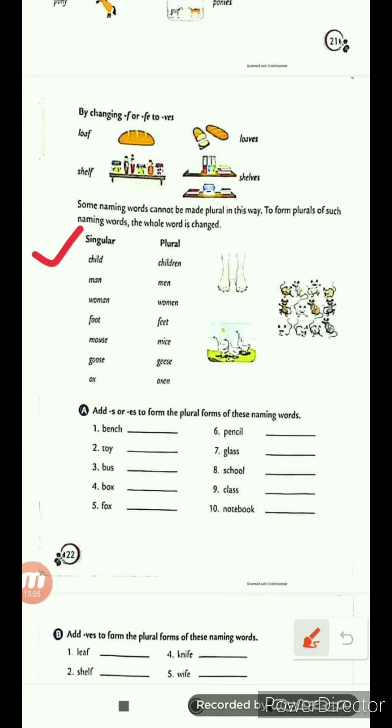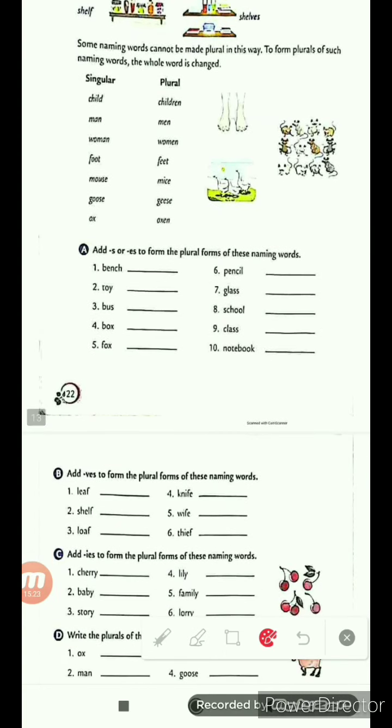Okay, next are the exercises. So we will do the exercises. I'll just show you some of the examples, and in the classes we will do it. Okay, so let us start. Add S or ES to form the plural forms of these naming words. Number 1 is bench.